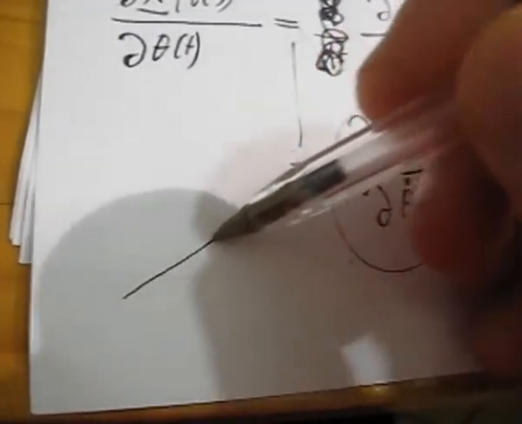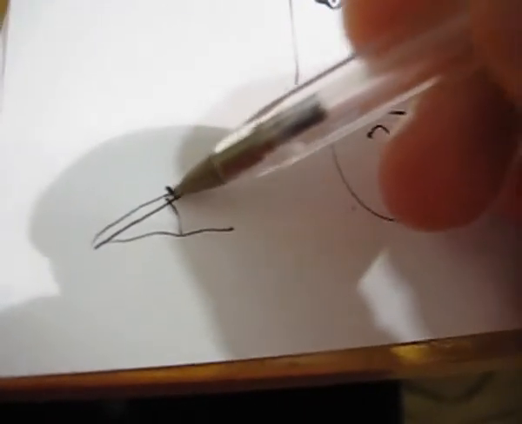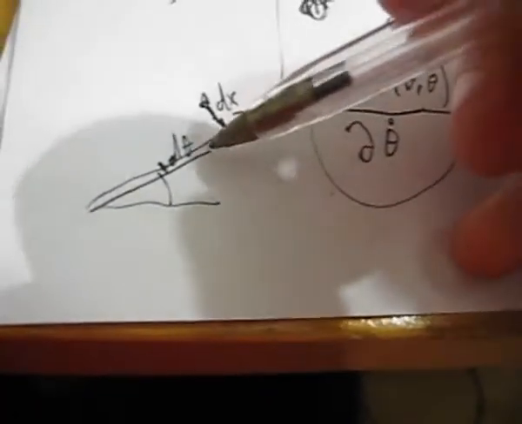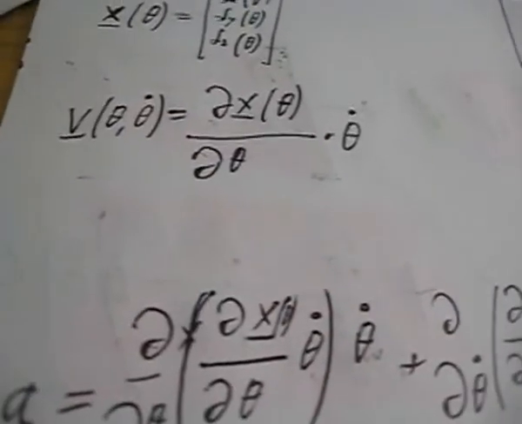It means that a small variation on the theta, d theta, causes a dx, a scalar, this is a vector, which is equal to, so this is not a big deal, but it's certainly very important.